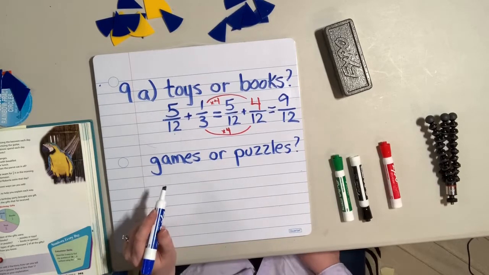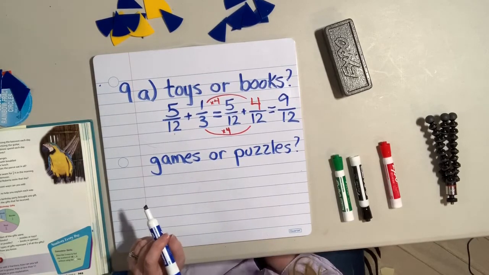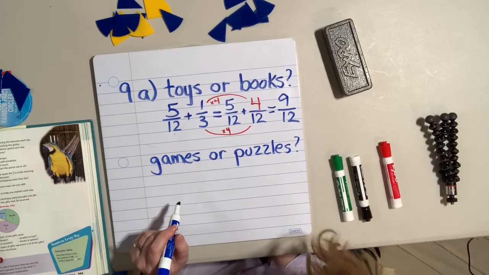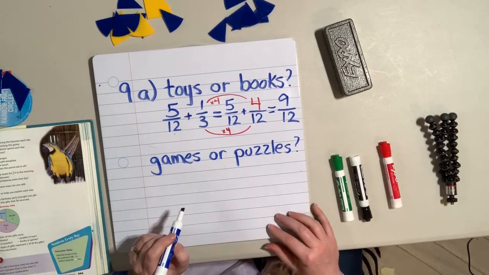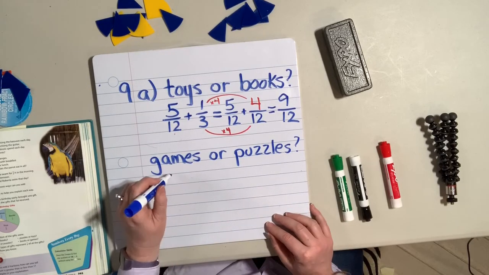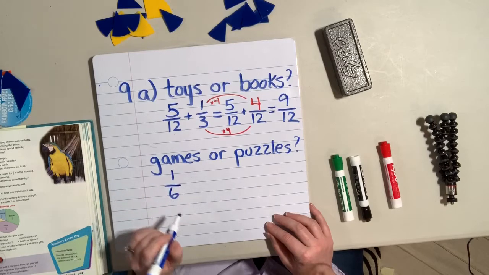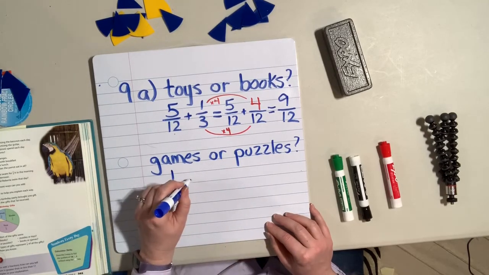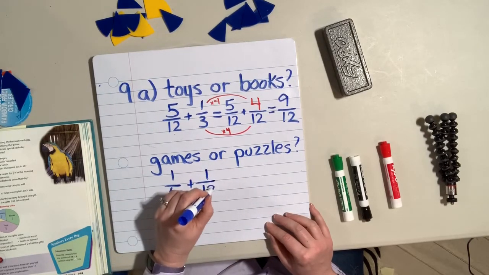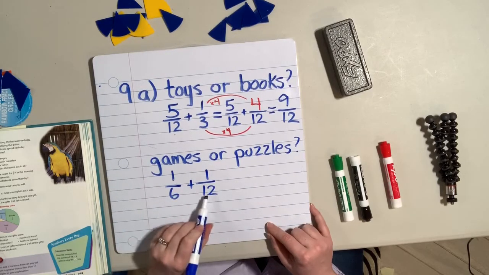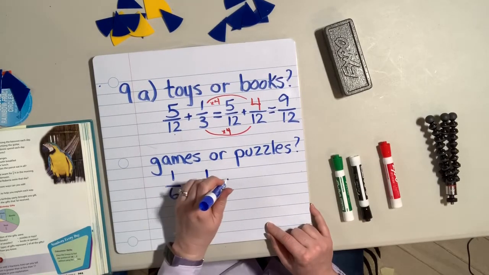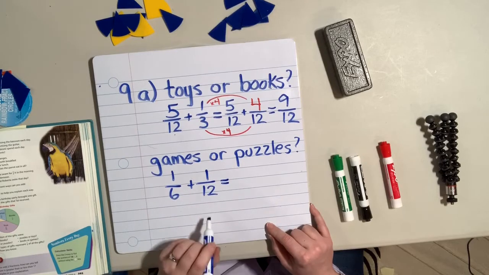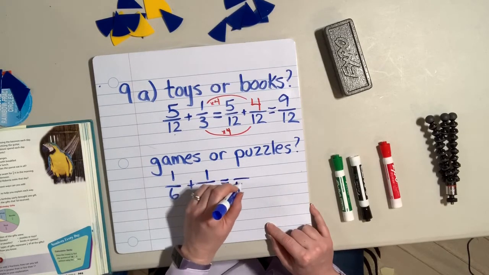The next part of A says what fraction of the gifts were games or puzzles. And if you look at the graph, the games were 1/6 and the puzzles were 1/12. So again, we know that 12 is divisible by 6, so we can leave that one alone. We'll convert them both to 12ths.